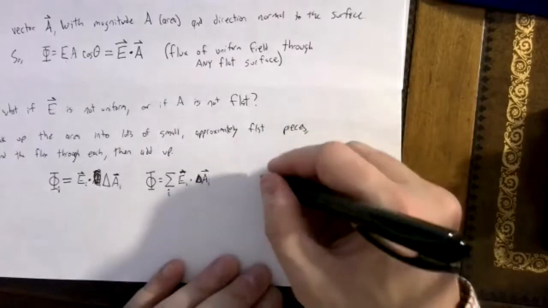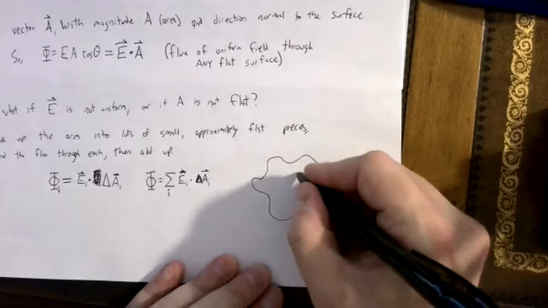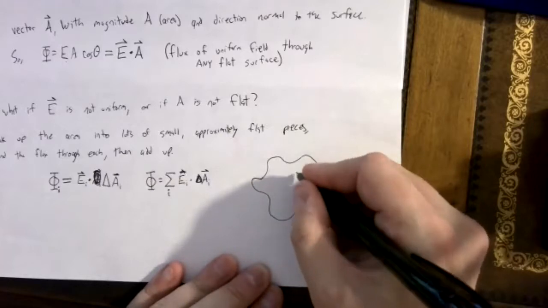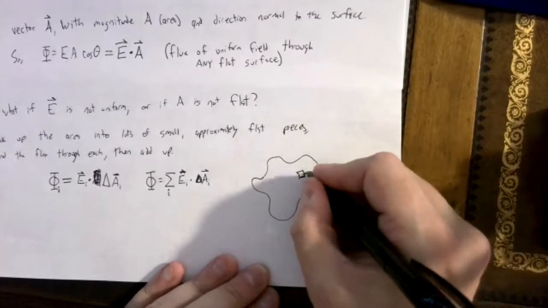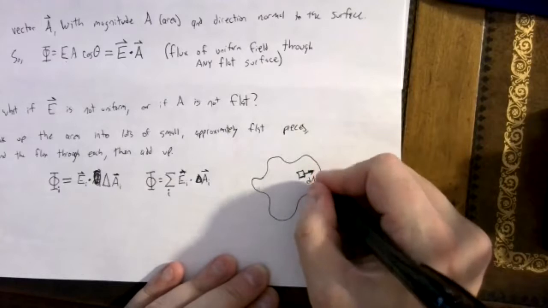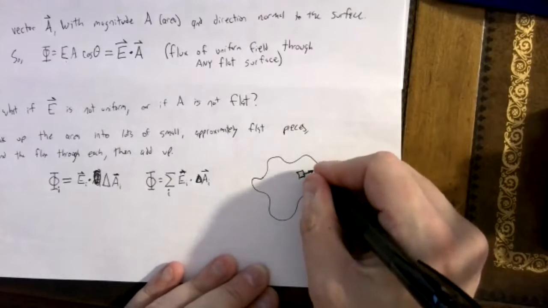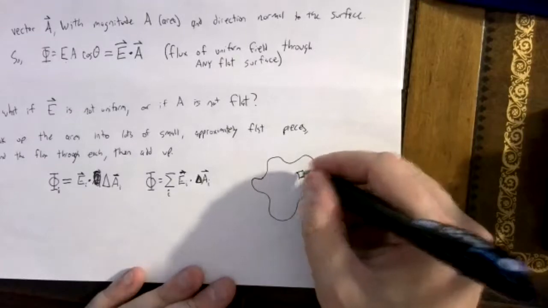And just as a diagram here, if I had some kind of weird shaped surface, what I'm looking at here is each little piece of this surface. This little piece has a normal to it, and that would be the dA vector. And there's going to be some electric field in space at this point, pointing in some direction.